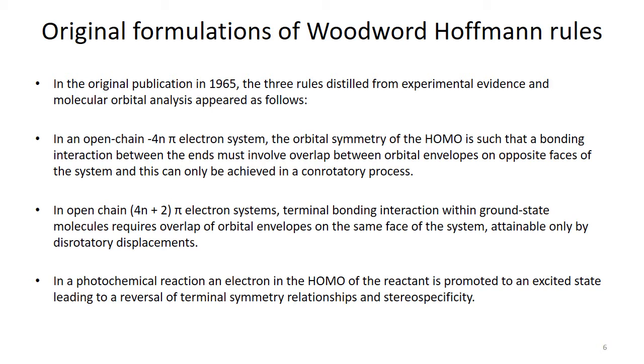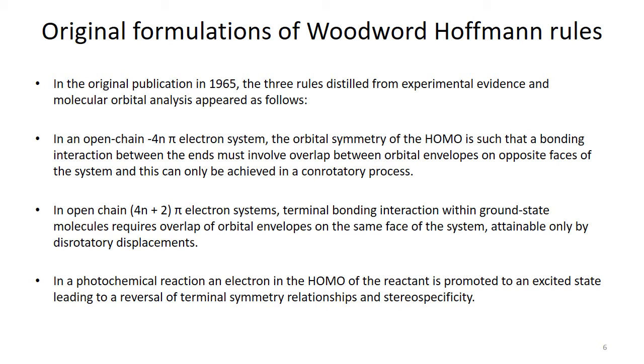So basically, if you talk about the original formulation, the original Woodward-Hoffmann rules say that in the case of a 4n pi electronic system, we talk about the orbital symmetry of the HOMO in such a way that the bonding interaction between the ends must overlap orbitals on the opposite side of the system.